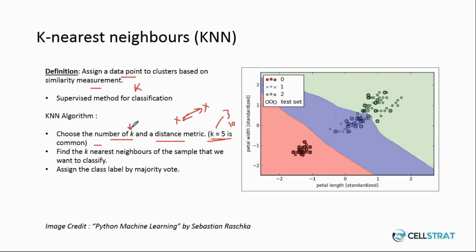So k is a hyperparameter in the KNN algorithm. All right, I hope that is clear. So I find the k nearest neighbors of the sample that we want to classify, and we assign the class label by majority vote. In the previous slide, we saw the blue triangle is the majority vote, so the new sample is sorted to the class of the blue triangles.